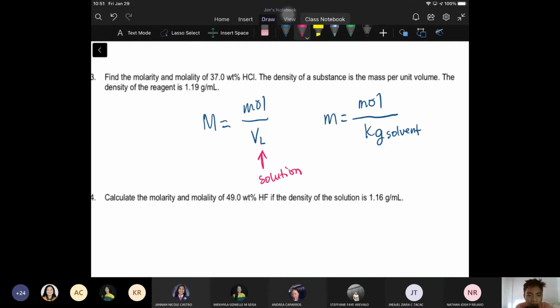Okay. So the reason why sa analytical chemistry we use molarity is that we are dealing with liquid solutions eh. So that's why we use the volume of the solution. Puro liquids yung dinideal natin, mostly in anachem. Saan ginagamit ang molality? Okay.